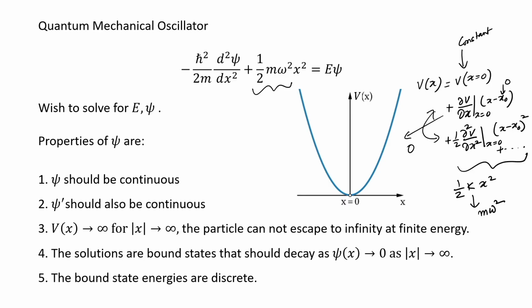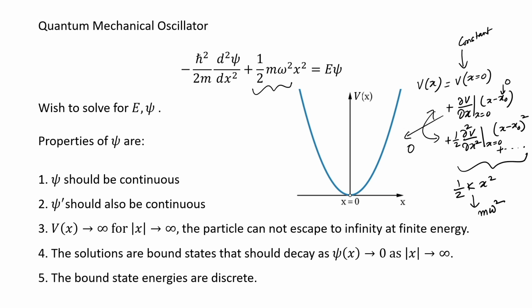Unlike the delta function case, here both psi and d psi dx must be continuous because there is no infinite discontinuity at any point. This potential is smooth, half m omega square x square. It exists at any value of x and remains finite all throughout. V of x becomes infinity as x becomes infinity, so the particle cannot escape to infinity at any finite energy.